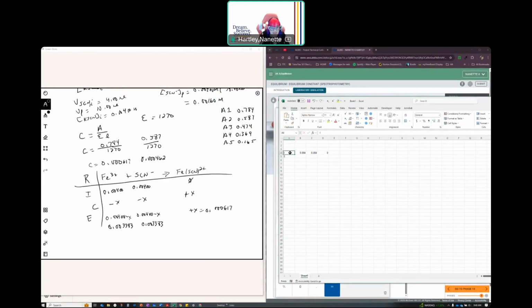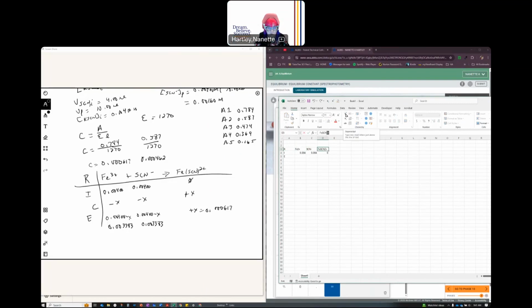I usually leave the C out just because I know what it is, but it makes you feel better that you can do it. So this is my Fe3+, this is my SCN-, and this is my FeSCN2+, and I can do the whole superscript subscript if I want to. It's totally possible to do that.